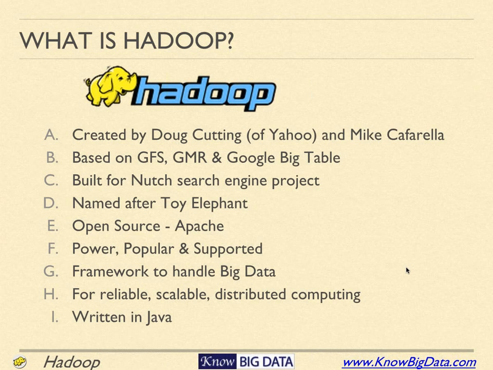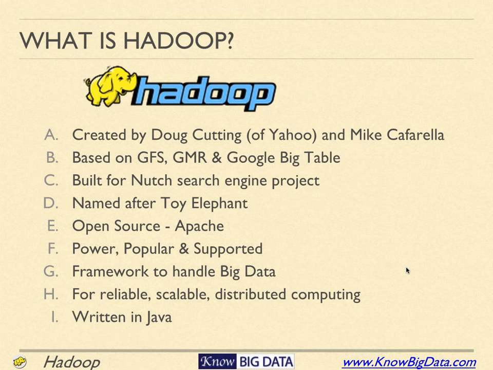Whether you want to use Apache Hadoop for your own purpose or for your company, education, NGO, anything, it's absolutely free. And in case you want to bundle any Apache licensed products inside your own product, Apache doesn't restrict you. That is the beauty of the license.